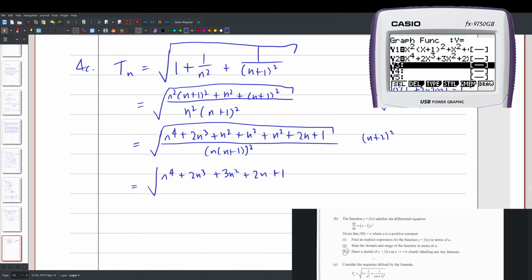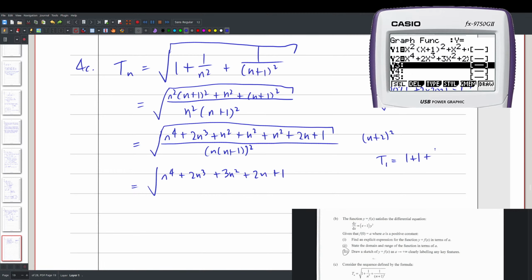So like T1 is equal to root 5 on 2, I believe. No. T1 is equal to 1 plus 1 plus 9 on 4.